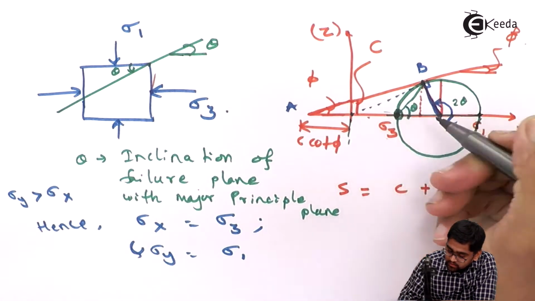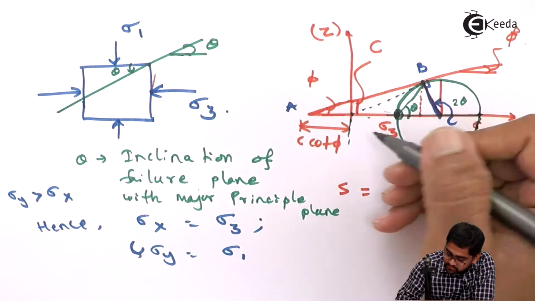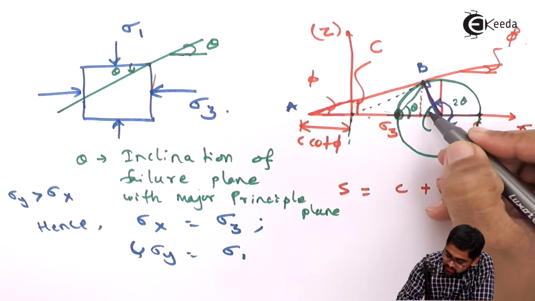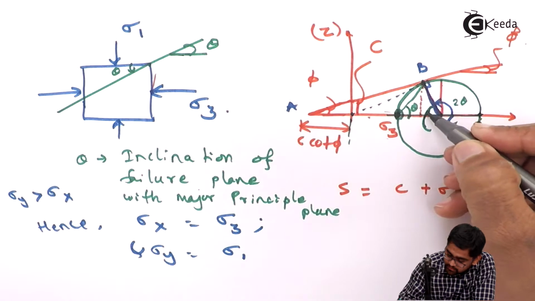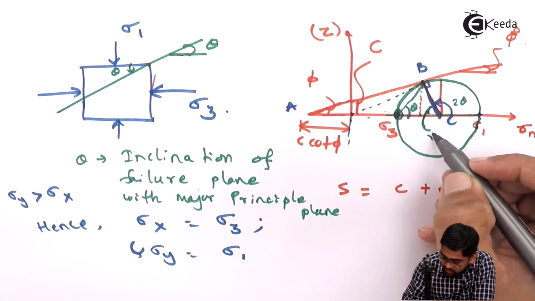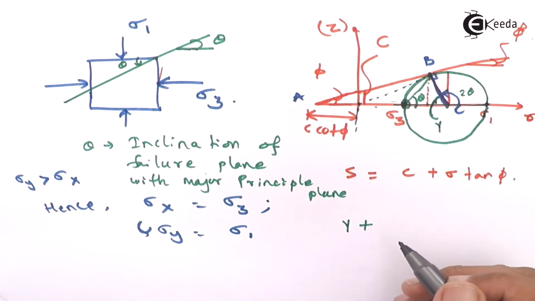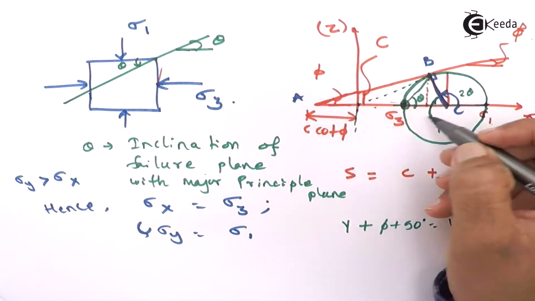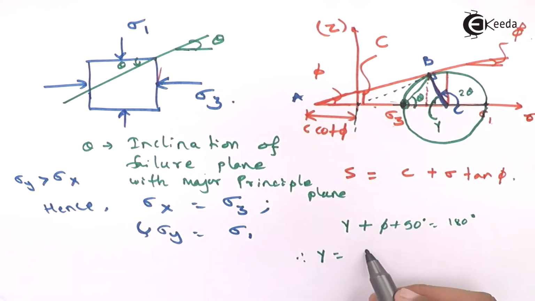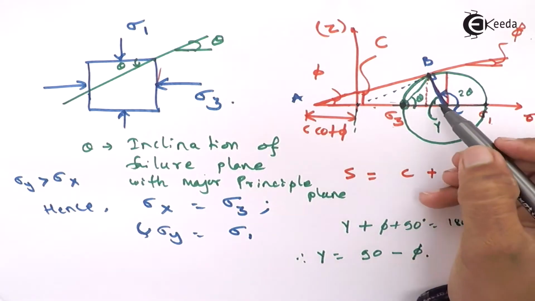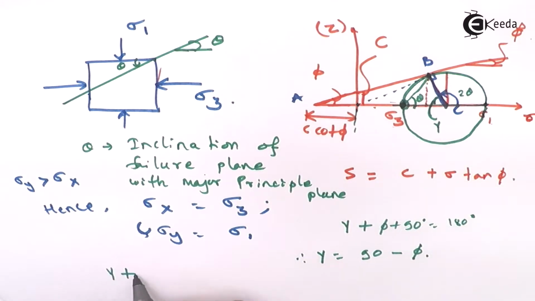So this is theta, and from this diagram this is your perpendicular, 90 degree, and this angle becomes equal to phi. So I consider this as, suppose, y. So your y plus phi plus 90 degree is 180 degree in triangle ABC. Therefore your y will be equal to 90 degree minus phi, and obviously this y plus your 2 theta is equal to again 180 degree.